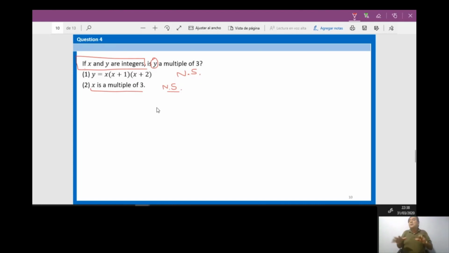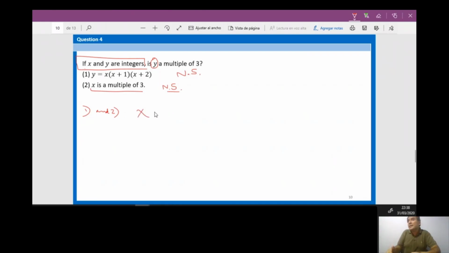Okay, so most people are thinking about the same. Maria Pia, for example, thinks that by combining the two of them, we get to prove that y is a multiple of 3. Because if x is divisible by 3 and I multiply a number that is divisible by 3 by other numbers, the product as a result would also be a multiple of 3.